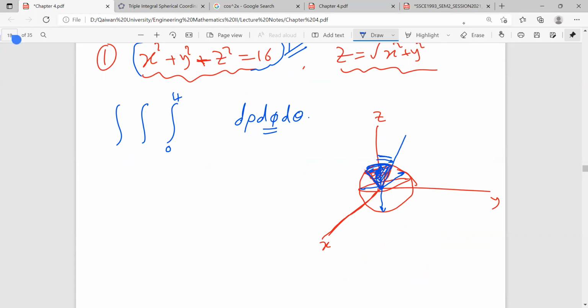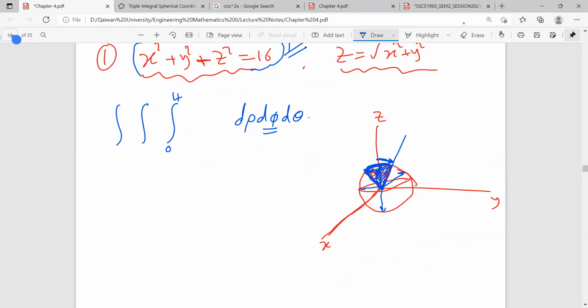Our solid is bounded by this part of the sphere and the cone here, so we don't need to expand the angle to here, because this area does not belong to the solid.